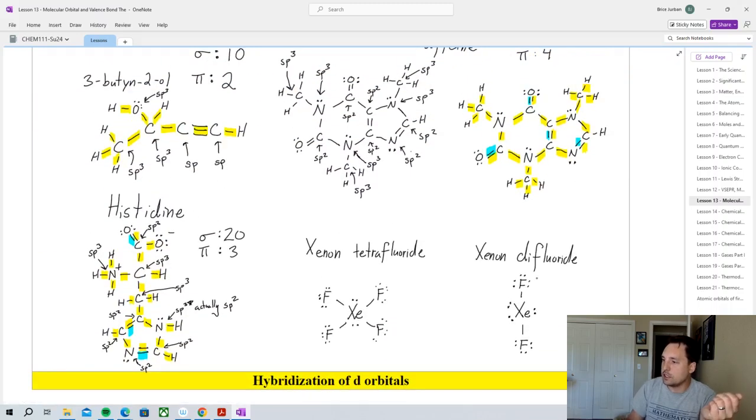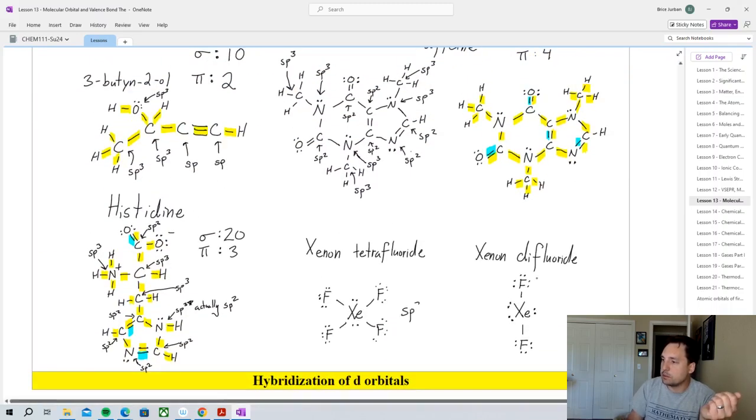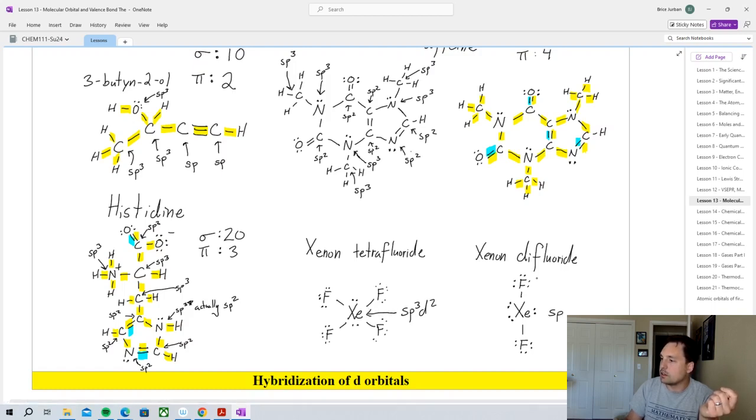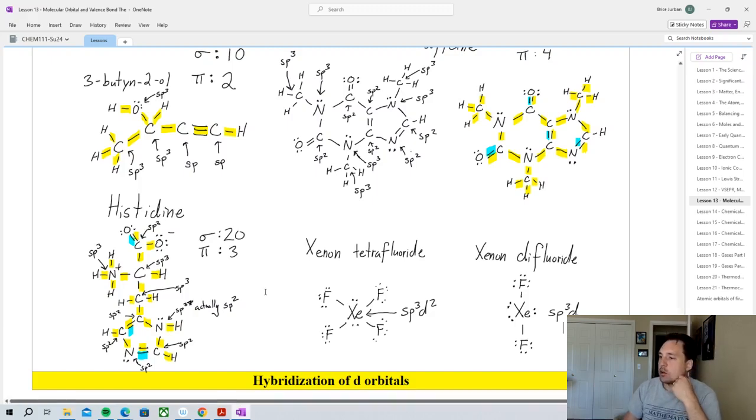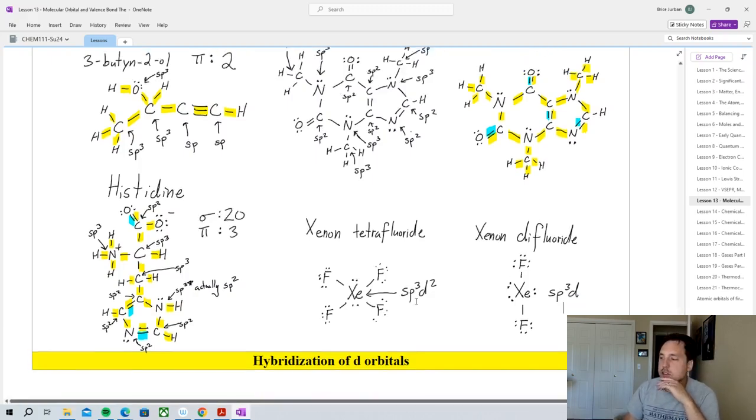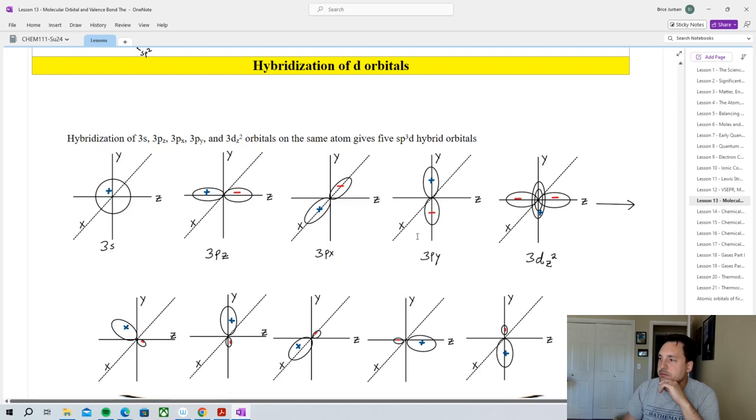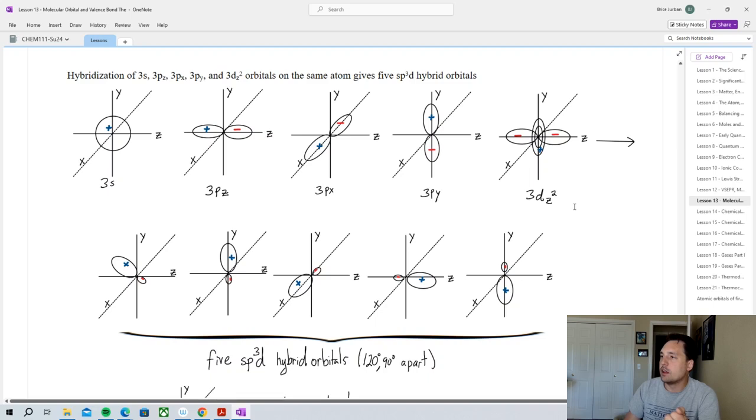And so this xenon here in the middle has sp3d2 hybridization. And then this xenon here has sp3d hybridization. All right. We won't go into any more detail on sigma and pi for this one. But here's a little bit of a pictorial representation of how those d orbitals combine.